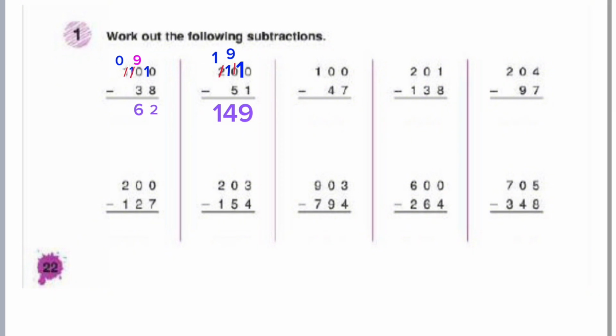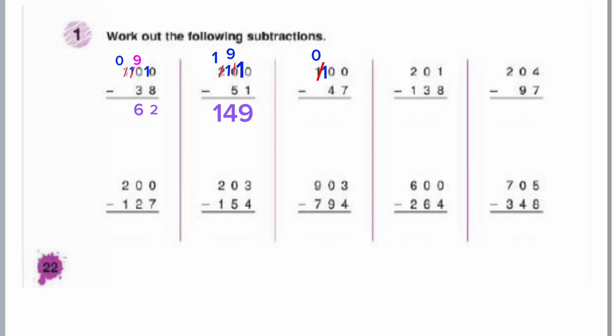The third operation is 100 minus 47. So 0 minus 7, we can't. So 0 will borrow from the 0 in the tens digit, but it can't. Now the 0 in the tens digit will borrow from the 100 digit. So the 100 digit will become 0 and the tens digit will become 10.